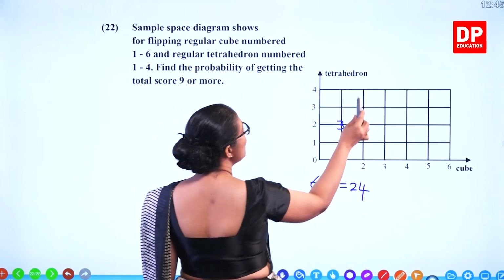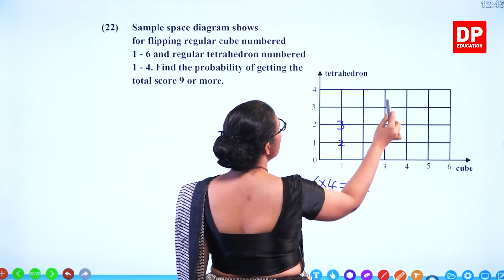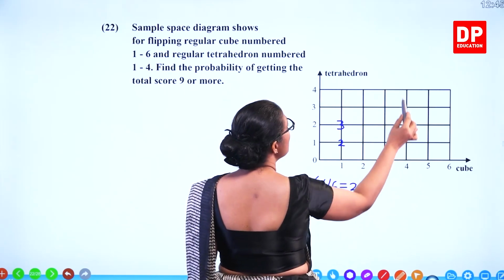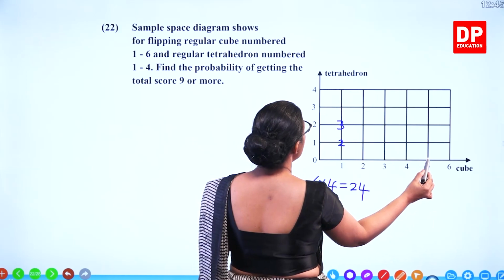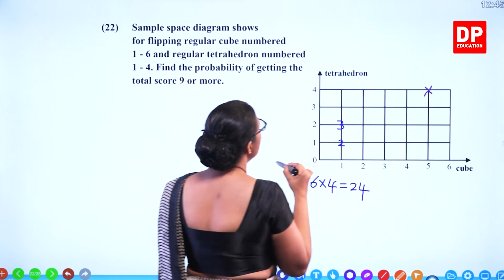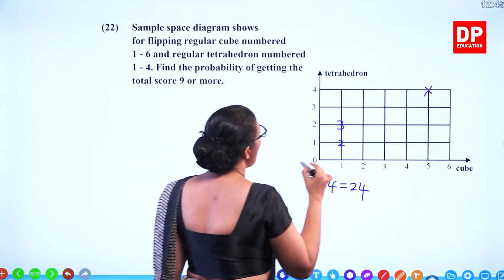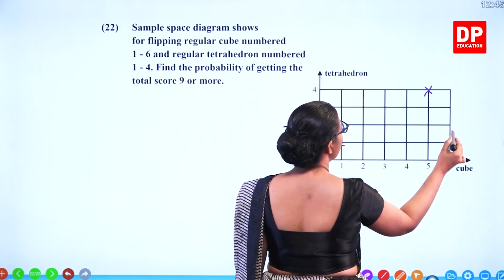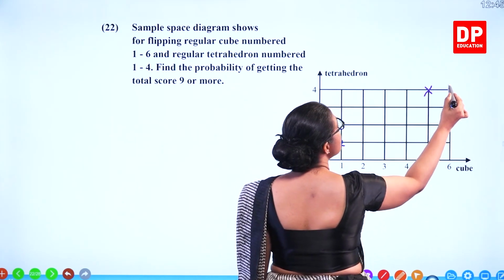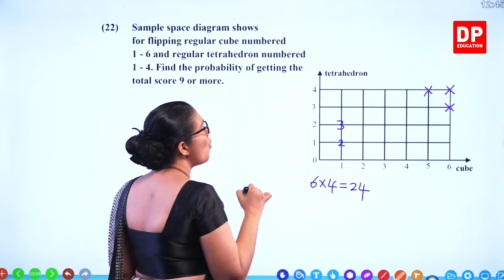We'll check 2 with 4, 6. 3 with 4, 7. But you need 9. 4 with 4, 8. So 5 with 4, 9. That's a possibility. 6 with 2, 8. 6 with 3, 9. And 6 with 4, 10.